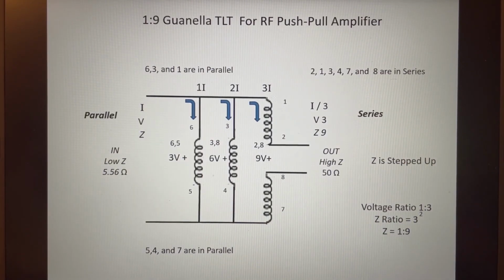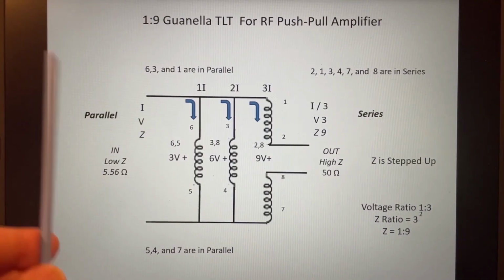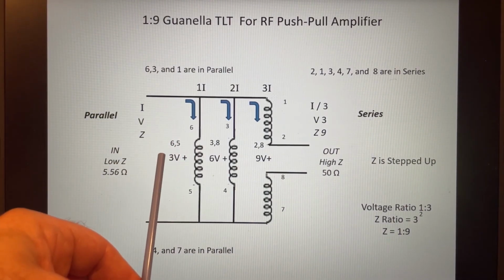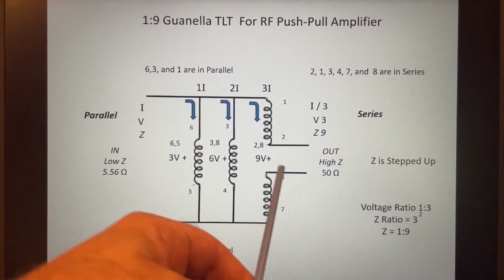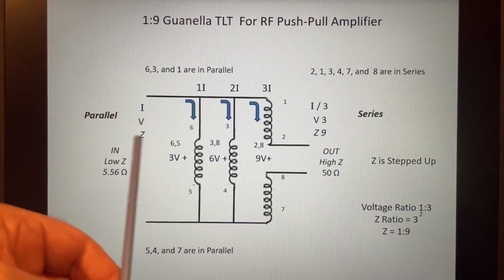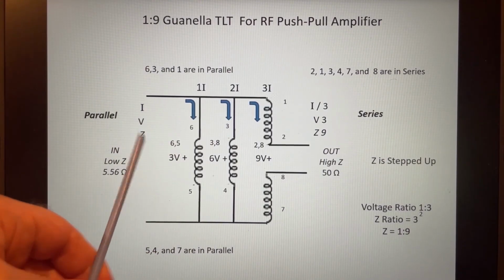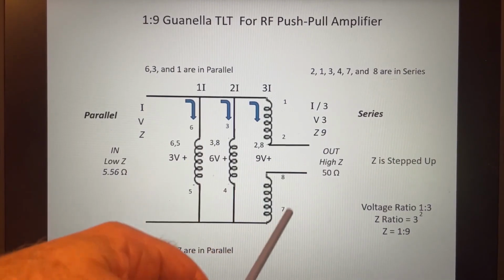So what does that do for us? Well, you know series resistance, right? If the resistors are the same, you're going to have an equal amount of voltage across each one. The voltage drops would be the same. So if we measured each branch, and we're actually going to do that, we would see on the input 3 volts, then 6 volts, then 9 volts.